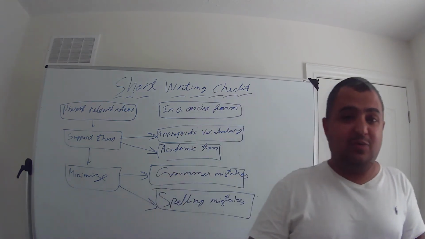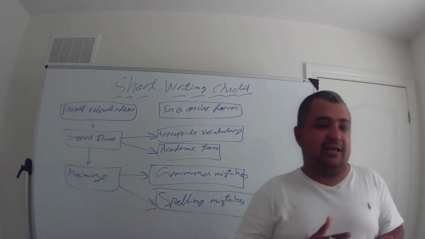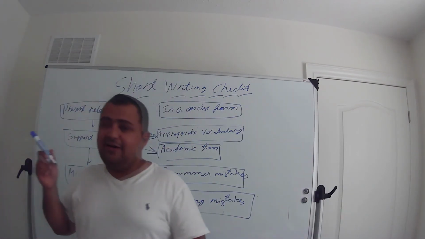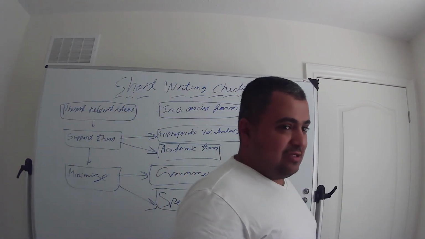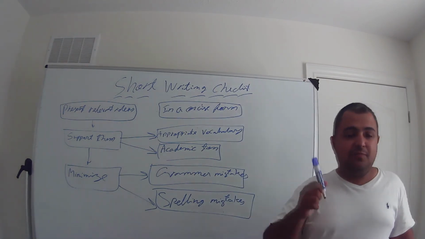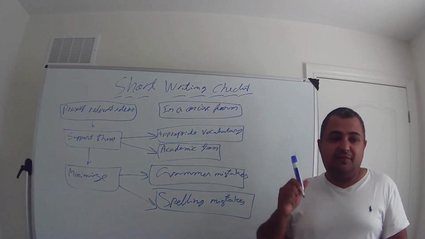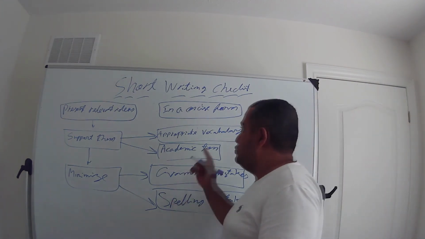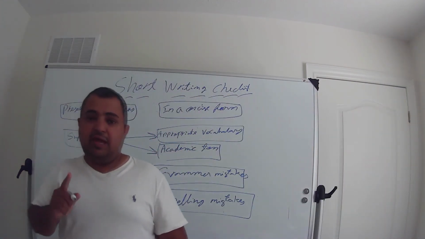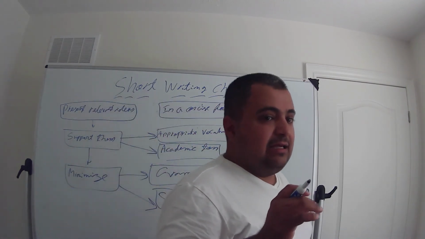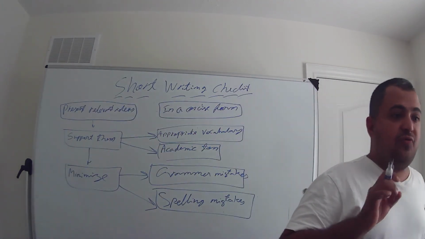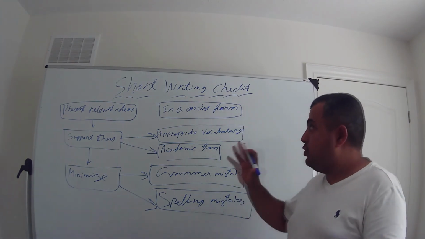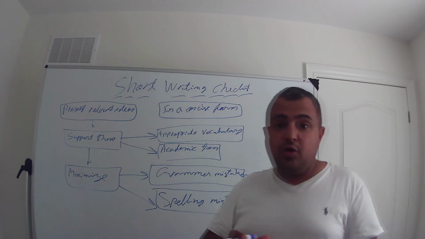Okay, wait for a few seconds. Rephrase information in your own words. So basically, it is important to rephrase information in your own words in the short writing. Remember that. That's really important, keep in mind.